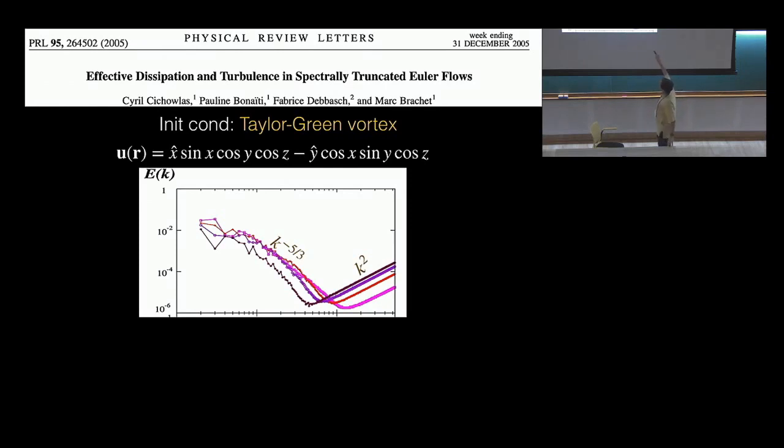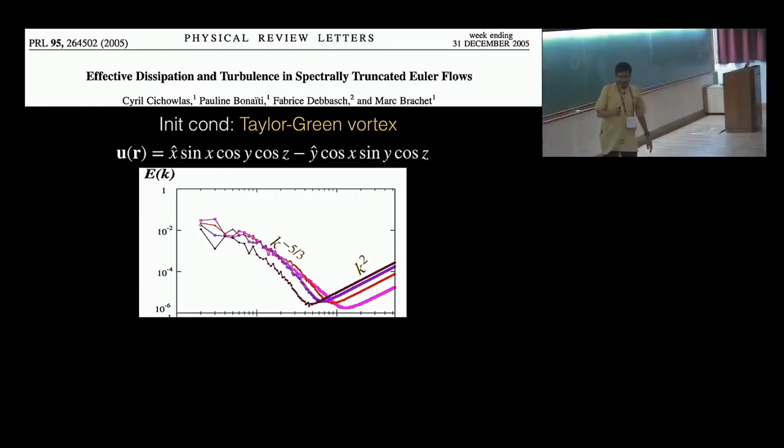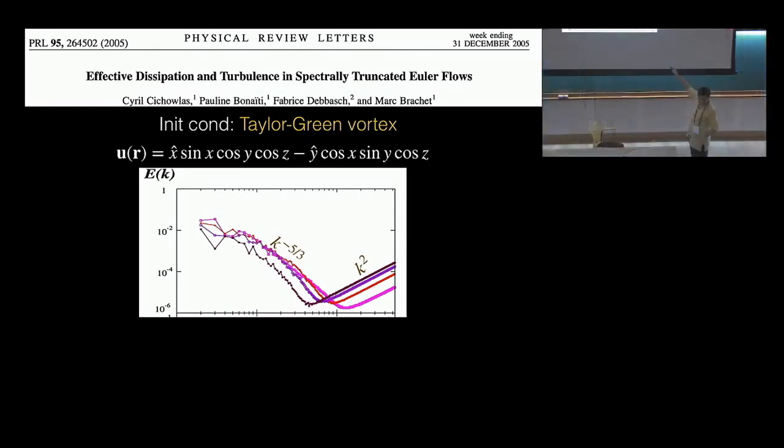And as a function of time, when time increases, we get this, and the 5/3 region shrinks. So there is a transition from 5/3 to k squared, that's what is ergodic. It's expected to be, and this is what the run's T final is.